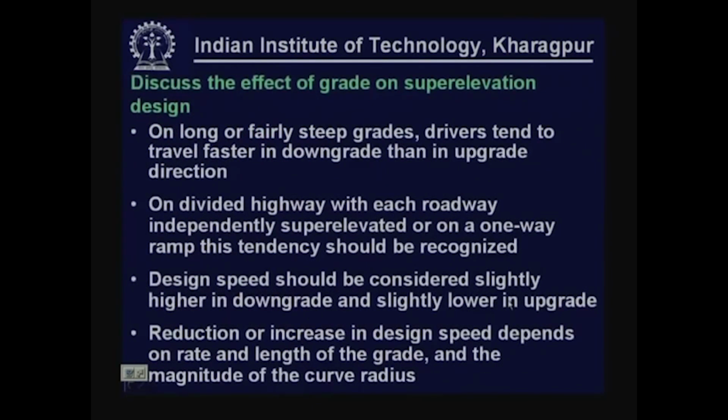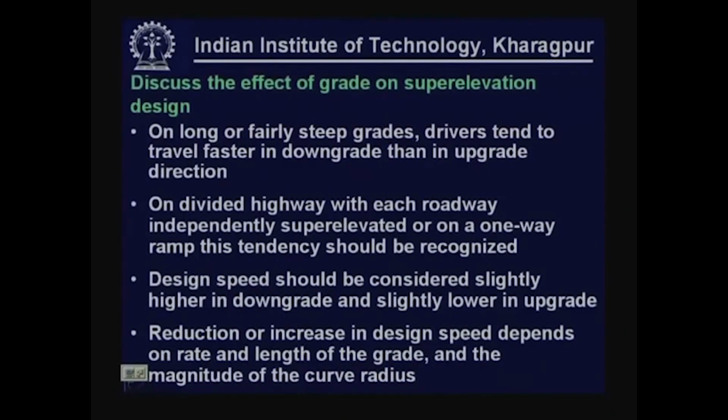Now, what is the effect of grade on super elevation? On long and fairly steep grades, drivers have a tendency to drive faster on downgrade than on upgrade. So, therefore, whether it is for a divided road or one way ramp, a separate design speed may be assumed, and accordingly this may be designed.